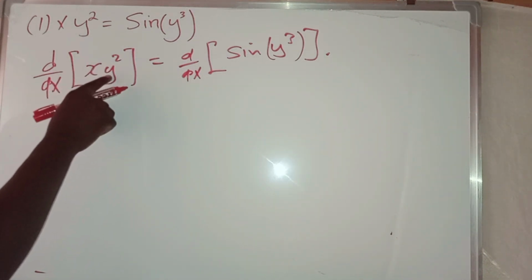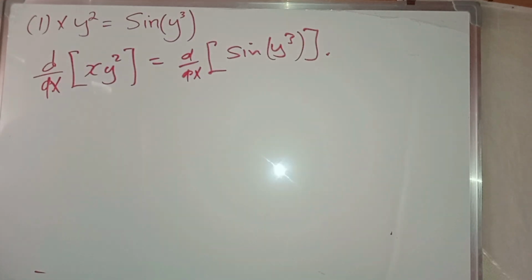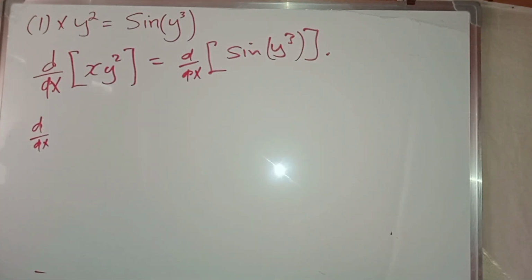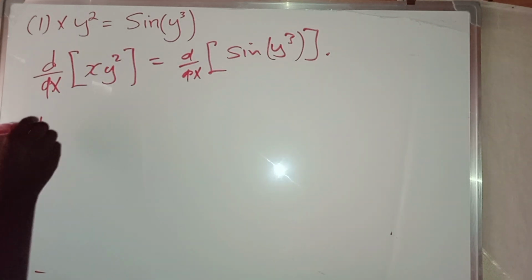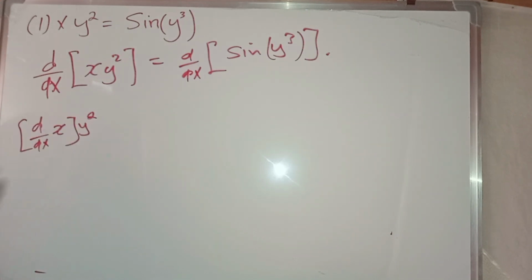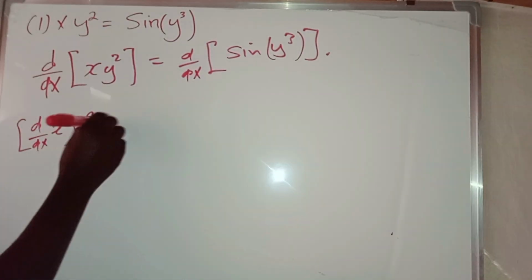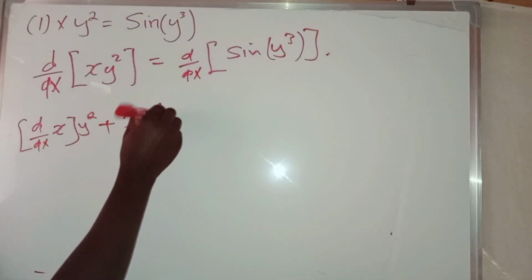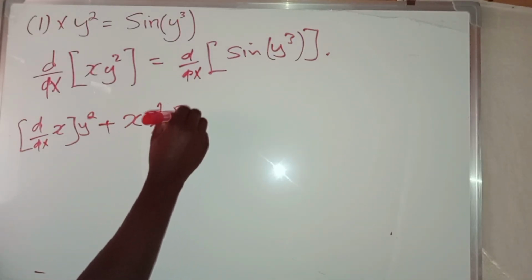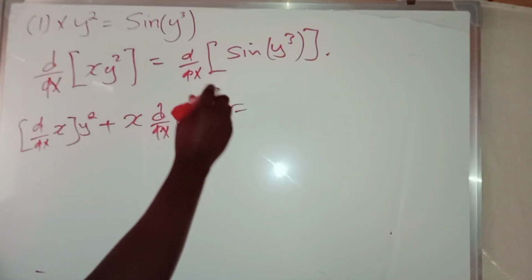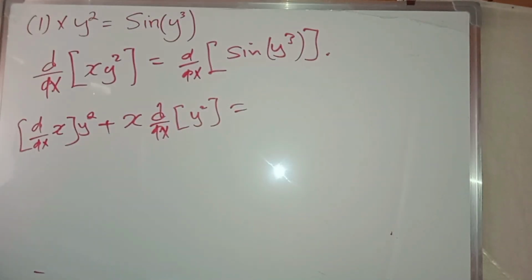You hold this, you differentiate y squared. It will be the derivative of x, you hold y squared, plus you hold x, the derivative of y squared is equal to, in this part, we use the chain rule.